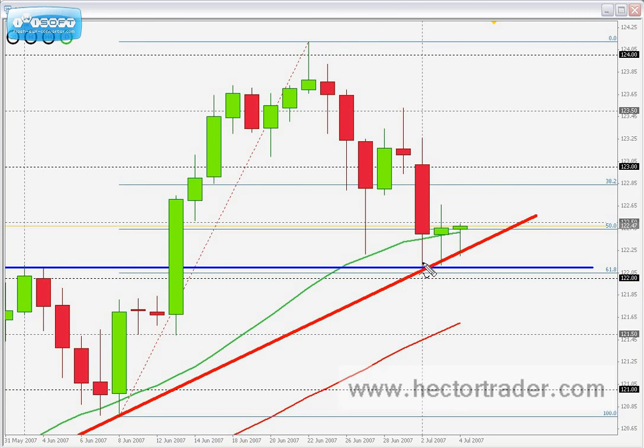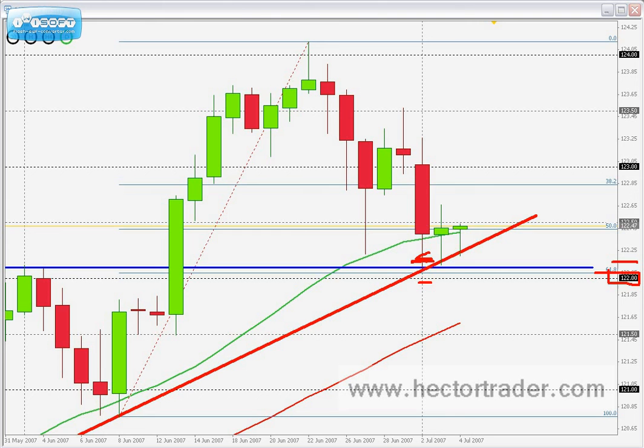So we would place a buy limit a few pips above this level, perhaps 122.15 or 122.10, right there. And our stop loss would be just a very few pips below this 122.00, perhaps 121.95, more or less. 121.90 would be a good place to place your stops.